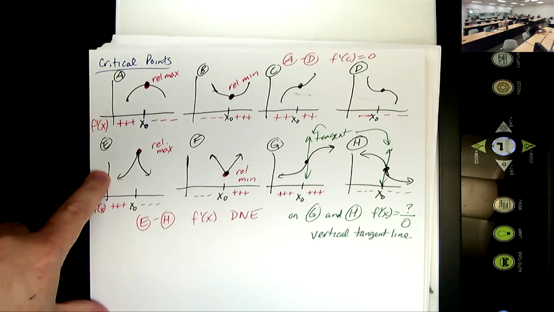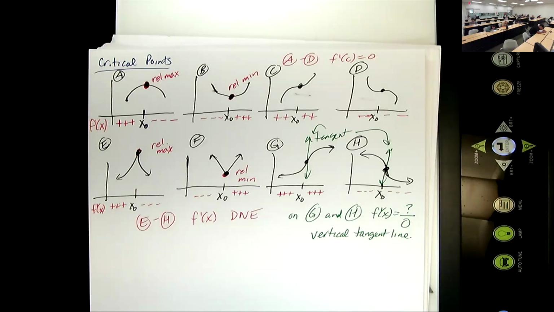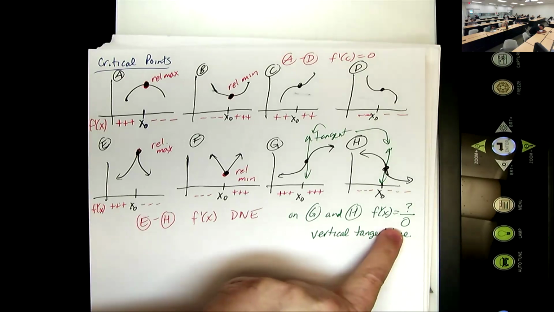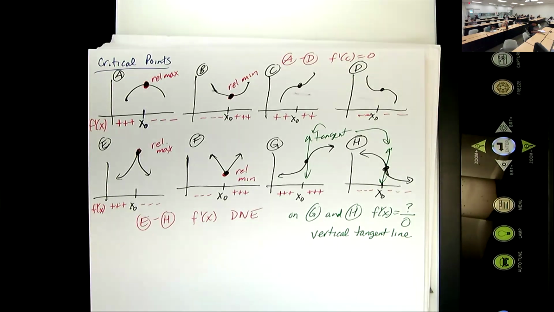Here, on E and F, it just doesn't exist. The slope instantaneously changes. There's nothing going on there. I can't even write it like this because I don't have any way of doing it.